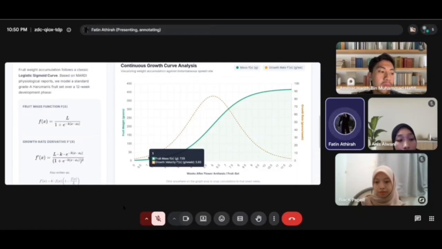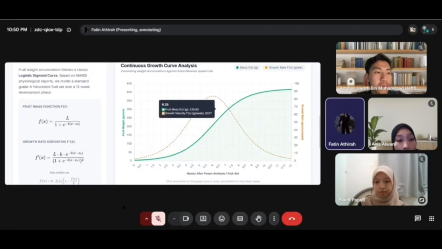So the next point, the growth acceleration. This helps us find the inflection point, the exact moment the mango stops growing in size and starts developing its sweetness.